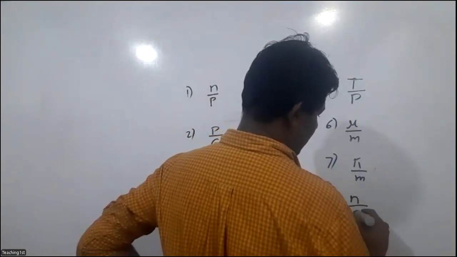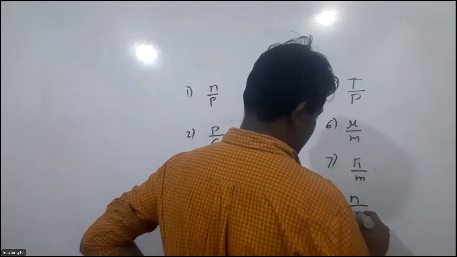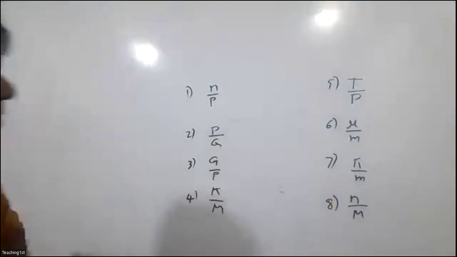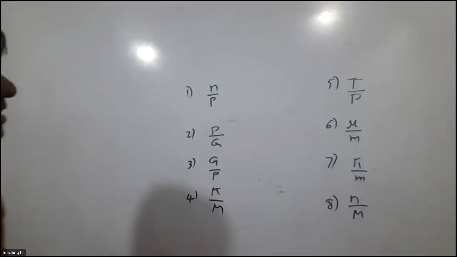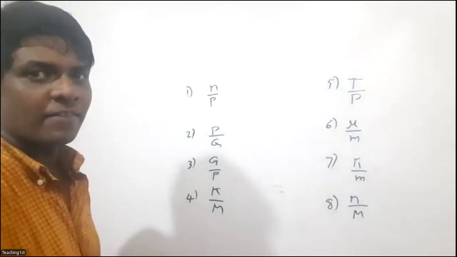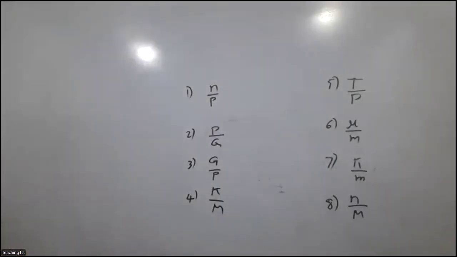Nano over mega. So you have to try to find out these ratios. I will do the first one for you. It is not going to be a very big deal.